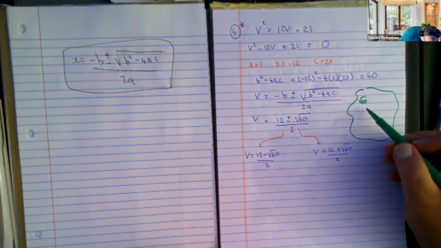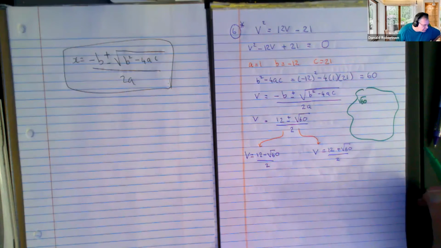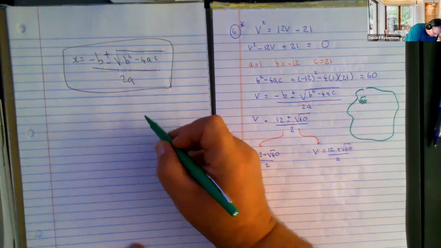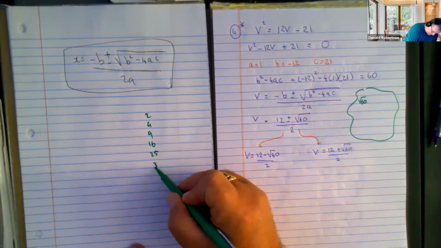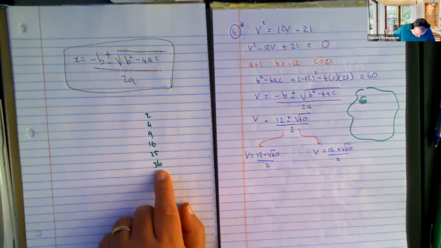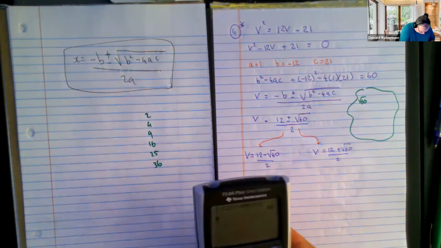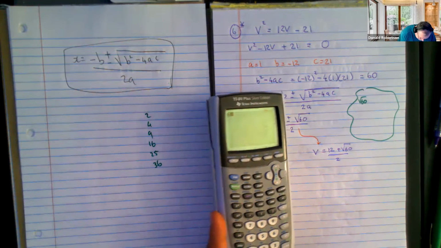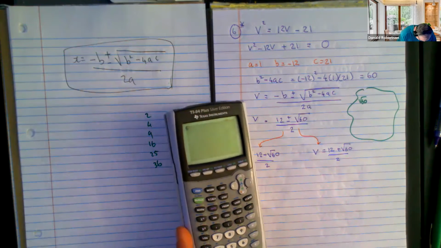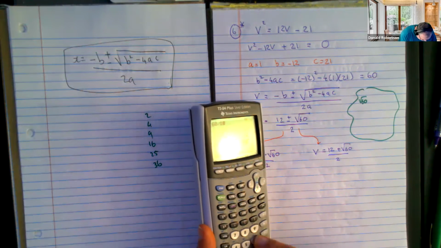Can I do anything better than 4? Let's see, I can go 2, 4, 9, 16, 25, 36. Can't do anything with that. I know that doesn't work. That doesn't work. I don't think it works with 60 and 16, but let's just do it in case it does. 60 divided by 16.